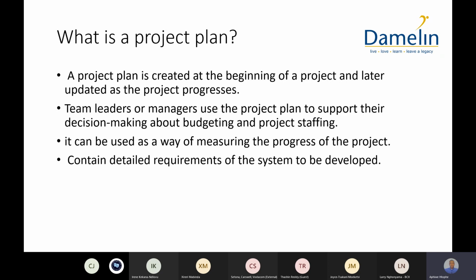If you're using the agile approach, you just have it there as a starting point, but you don't really focus a lot or dwell too much on it, okay? It can be used as a way of measuring the progress of the project, and contain detailed requirements of the system to be developed. So most people think that that's the only thing that's in the document, the requirements, but it has a lot of sections.